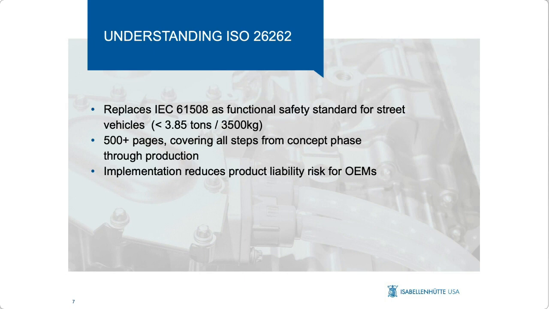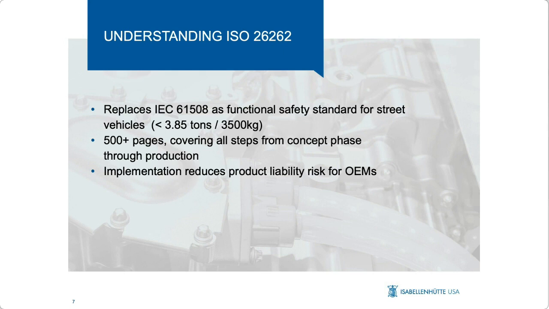ISO 26262 is a vast standard of more than 500 pages, so it covers really all the steps from the concept phase through production, and even beyond that. Companies have to establish a whole functional safety department almost in their companies to comply with this standard.